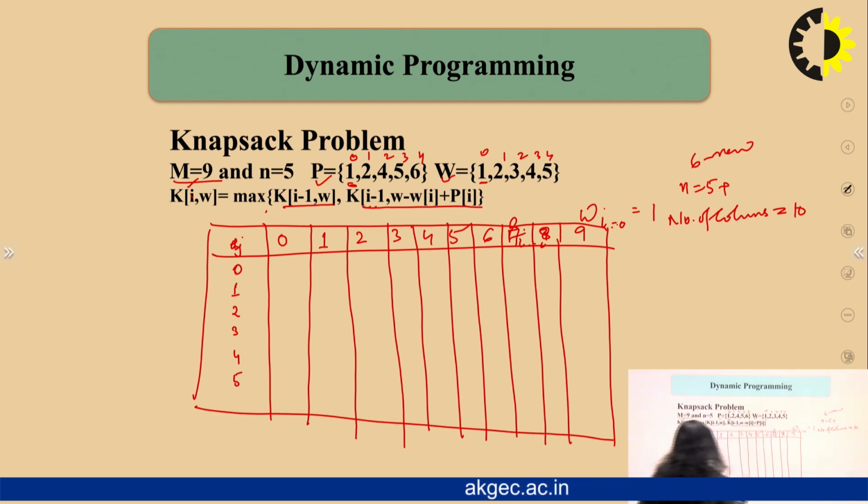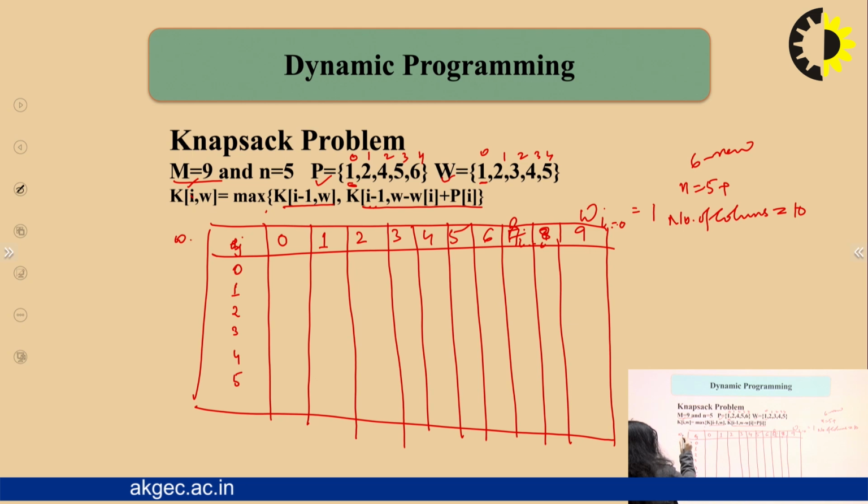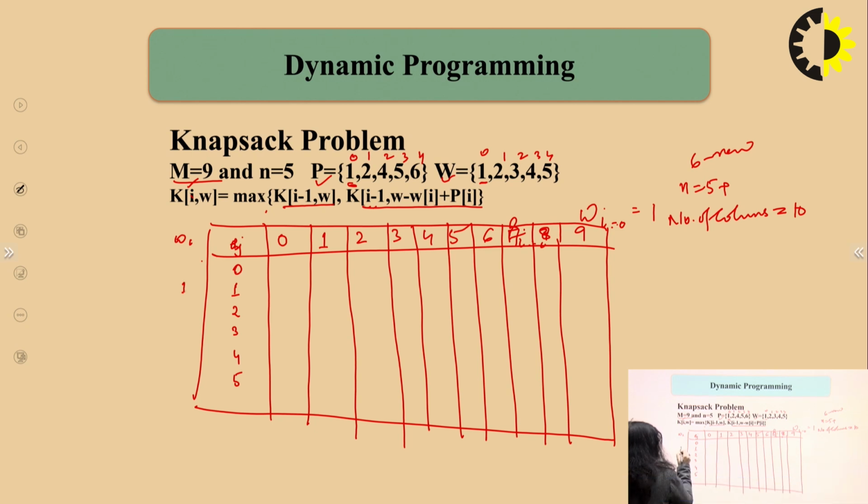Now what I have to do is write the profits and the associated weights here. So I'm writing Wi here. The weight for the first object is 1, this is 2, this is 3, this is 4, and this is 5. Since this object is imaginary, one that I have taken for computational purposes, the weight I am putting here is 0.